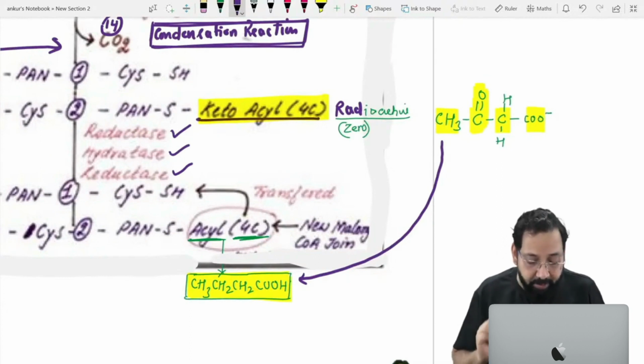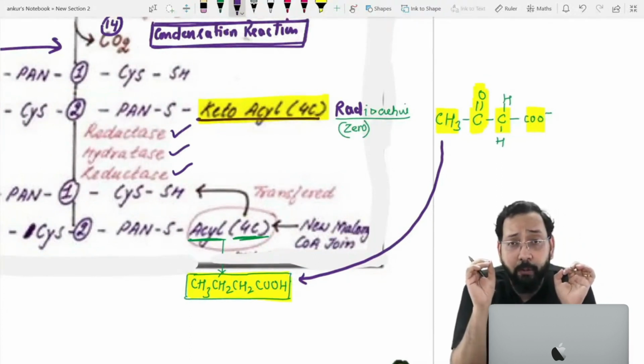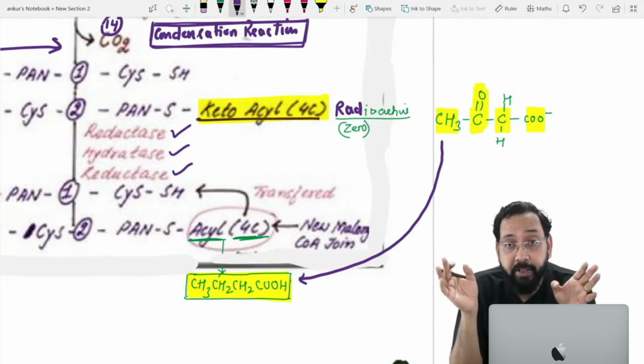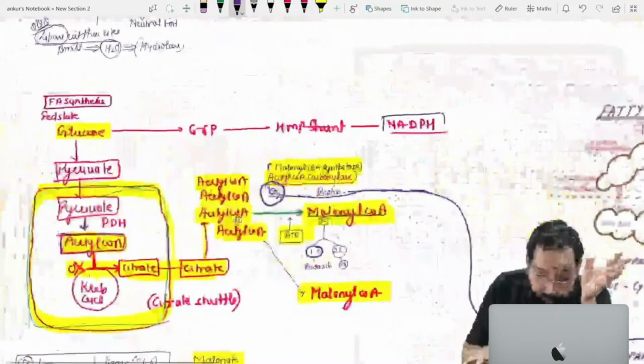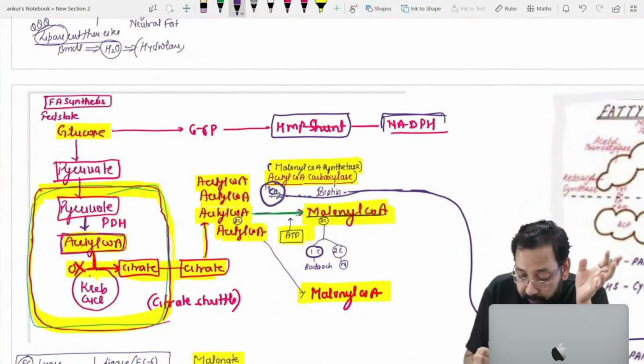The first step is reductase, and I told you wherever you want reduction, you will require NADPH. In the fed state, so much glucose has entered the HMP shunt, so many NADPH are there.